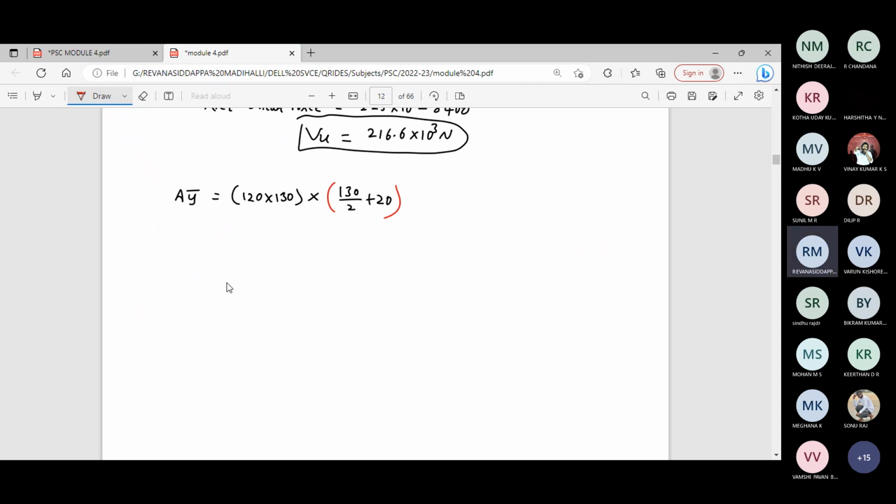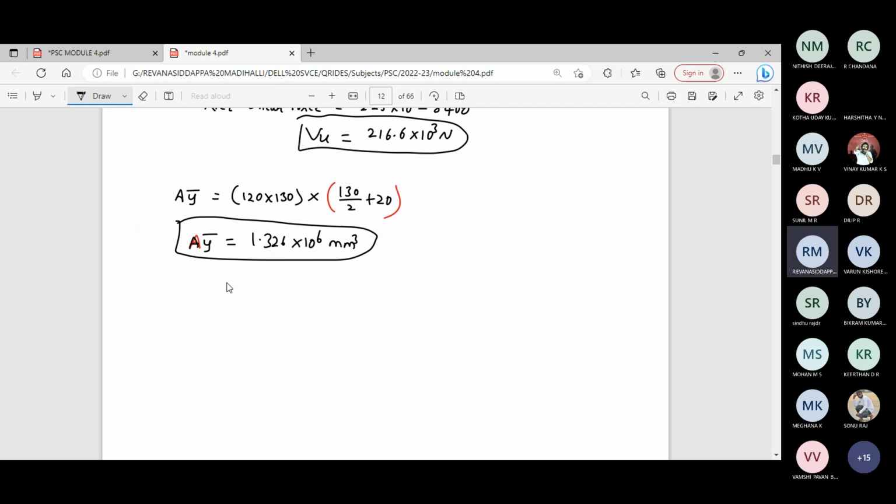Therefore Ay bar value, that is static moment of area, is equal to 1.326 into 10 power 6 mm cube.